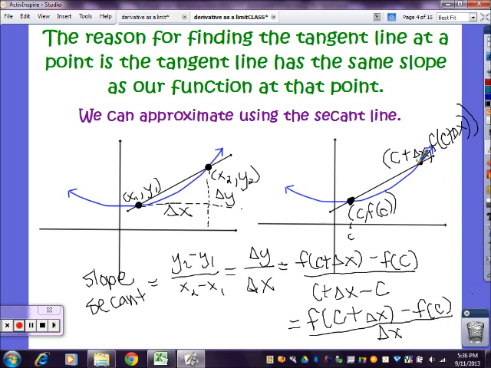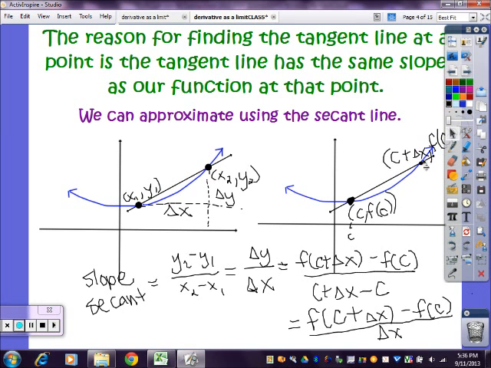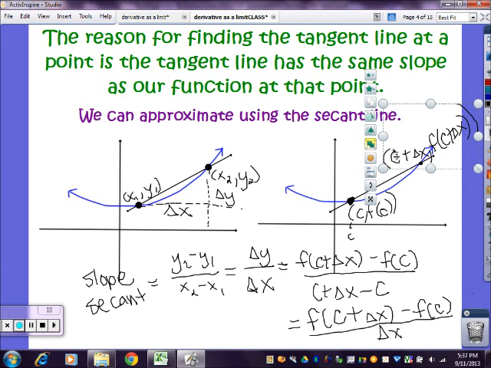Now think about it. If we move this point closer to the left point, so close that the distance between them would be 0. Instead of putting my second point way out here, I slide it so the distance between the 2 points would be 0.